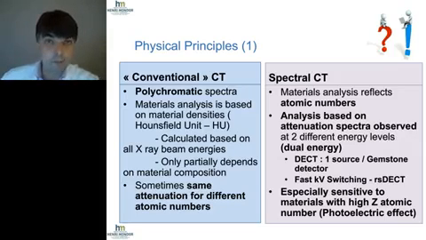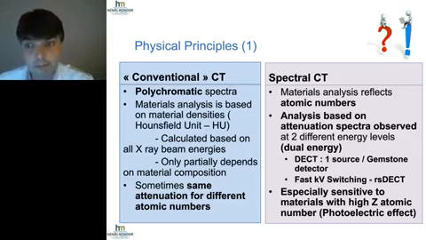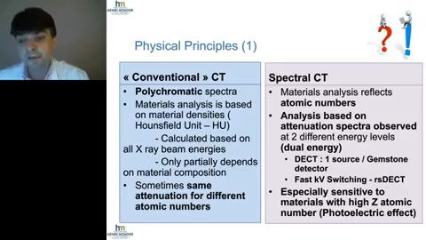On the opposite, spectral CT systems are different. With a spectral CT system, the materials analysis is reflected by atomic numbers. The analysis is based on the attenuation spectra observed at two different energy levels, whether they are provided by a dual energy single source CT system, such as with General Electric systems, or with dual tube systems eventually, or whatever system you want.